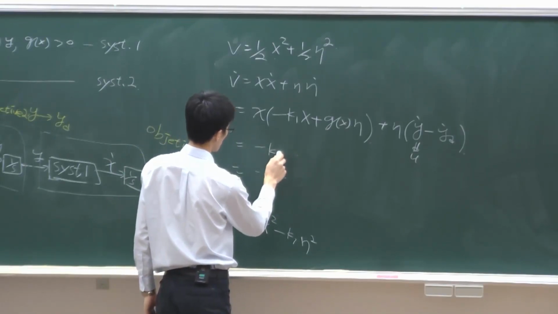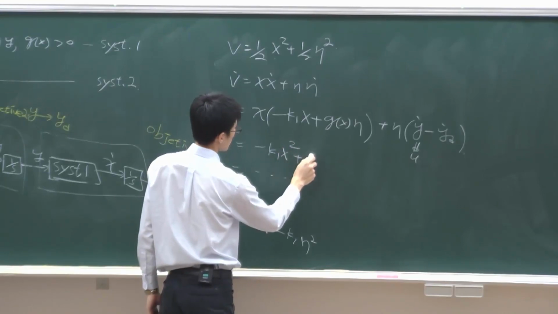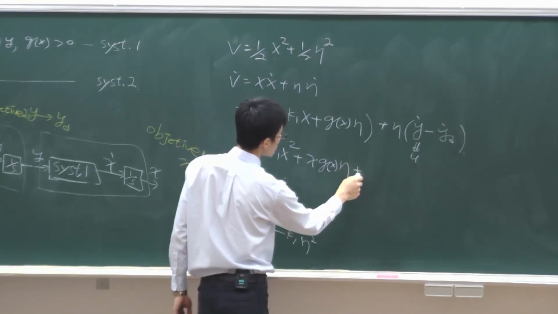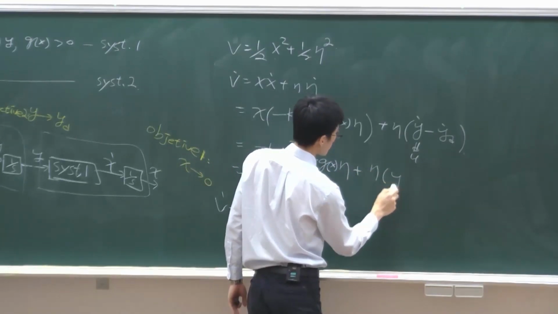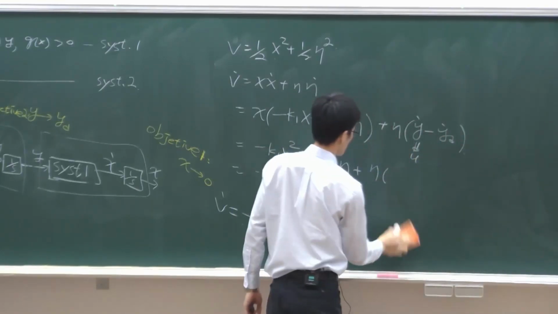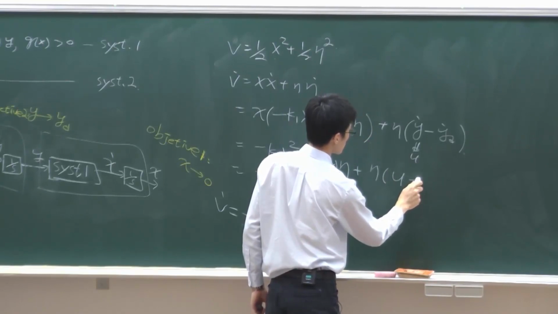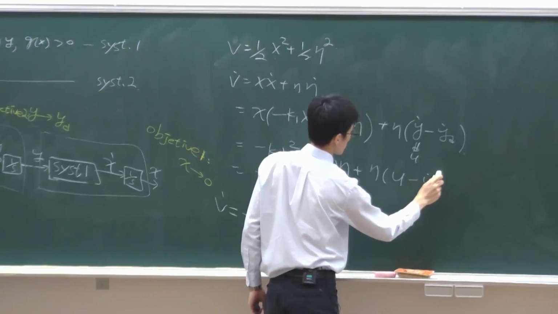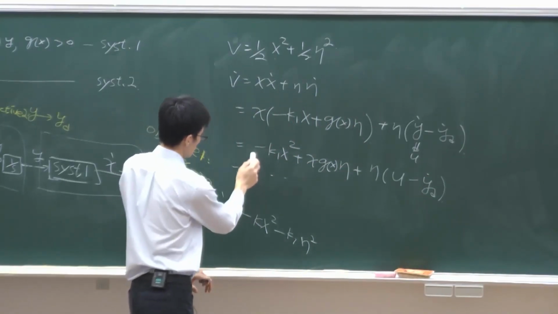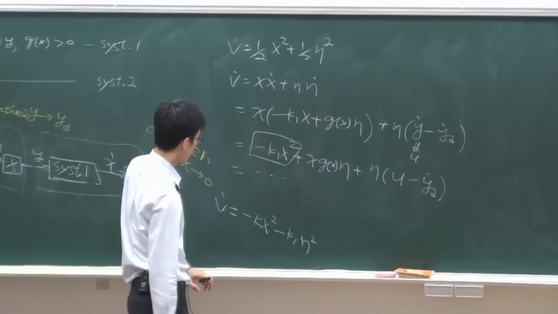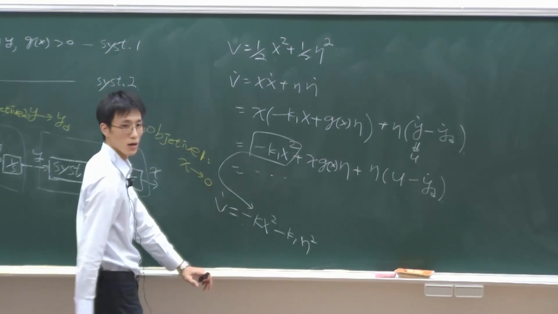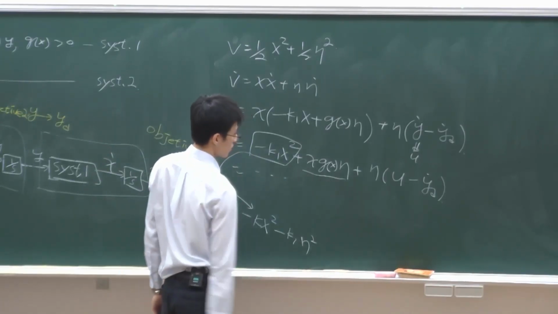So here it gives you minus k1x squared plus x gx eta plus eta y dot, which is u, minus yd dot. So this is exactly what we want to achieve for the first system, right? And this, we need to cancel out.